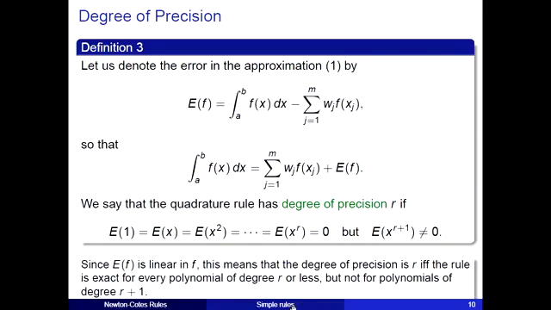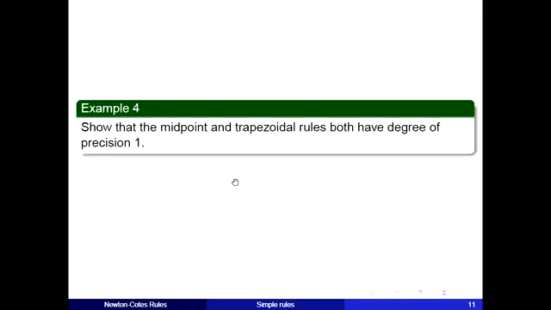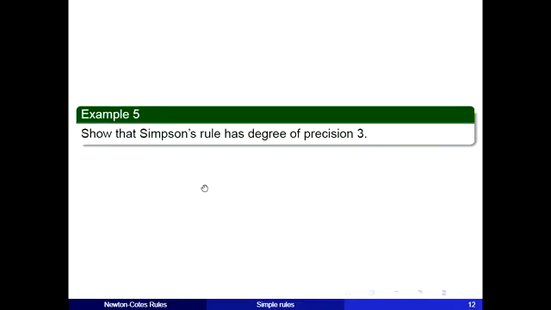But if you replace it by a polynomial of degree r plus 1, then the error is not 0 anymore. Okay, so we did some examples for degree of precision already. By direct calculation, you can show that the midpoint and the trapezoidal rules have degree of precision 1. Okay?